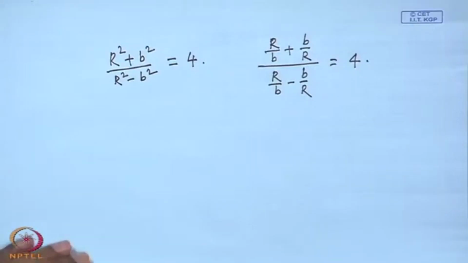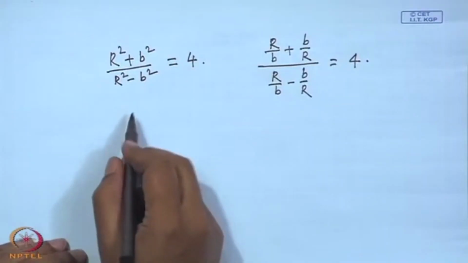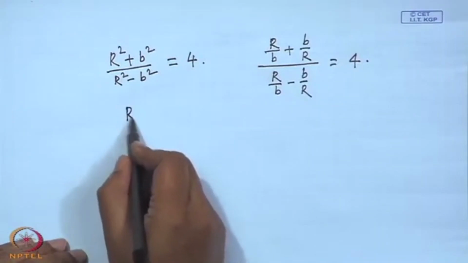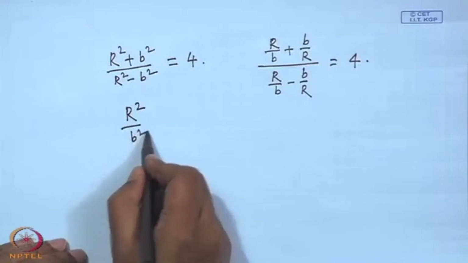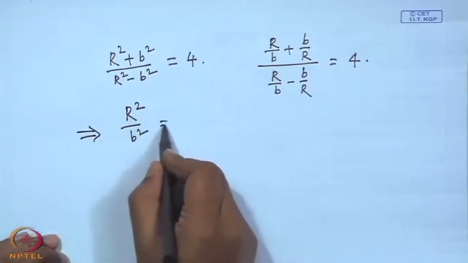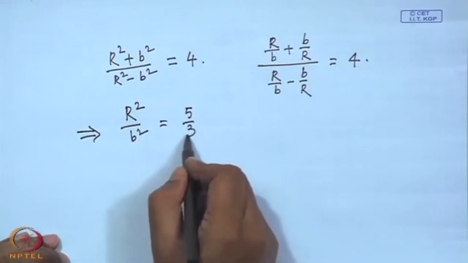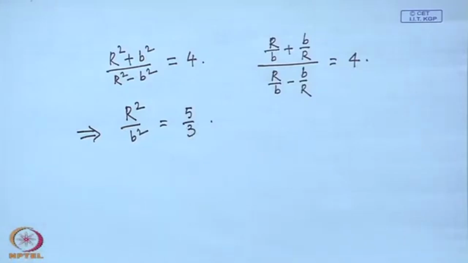How much is r by b, or r square by b square equal to 5/3. Now, we have to find the velocity at the point of maximum thickness. So, first you have to find how much is the velocity there on the circle. How much is the velocity on the circle at that point, at theta equal to pi by 2?